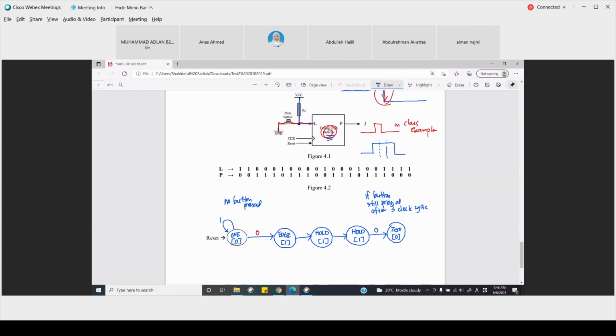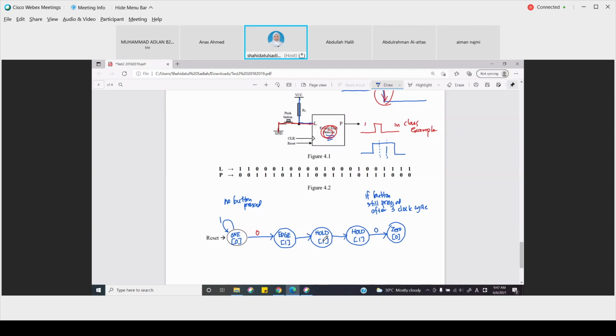If the button is still pressed after 3 clock cycles, it means L is still receiving 0, but it's already past 3 clock cycles. When the edge is detected, P will be 1 for only 3 clock cycles, regardless of how long the button is pressed. After the edge is detected, even if the button is right away not pressed, it will not go back to 1.